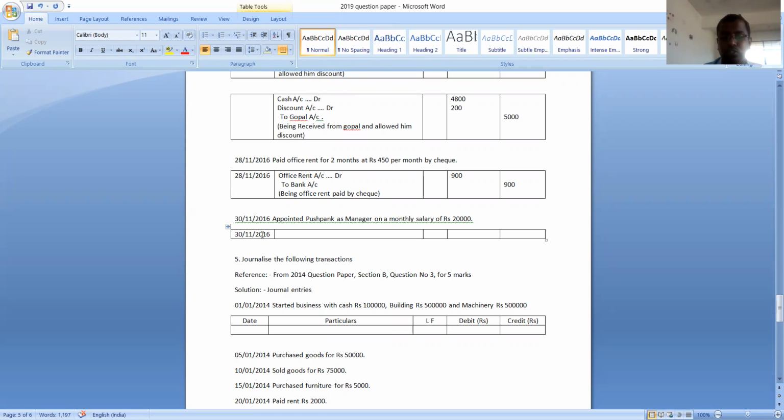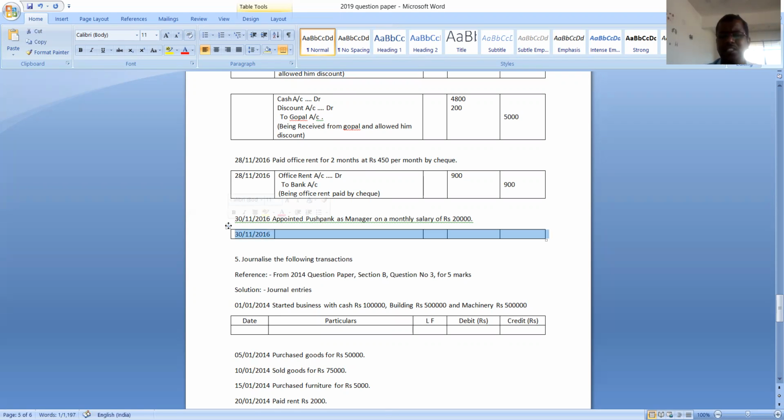Appointed Pushpank as a manager on a monthly salary of rupees 20,000.